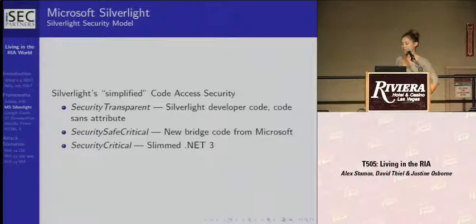Silverlight has simplified classic code access security so that the developer can only write transparent code. Then they can call into critical code with security-safe critical APIs, which Microsoft writes, and they are signed with the Microsoft public key. So that's how the sandbox works.